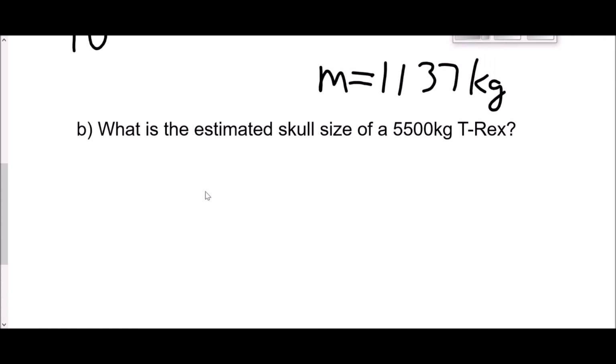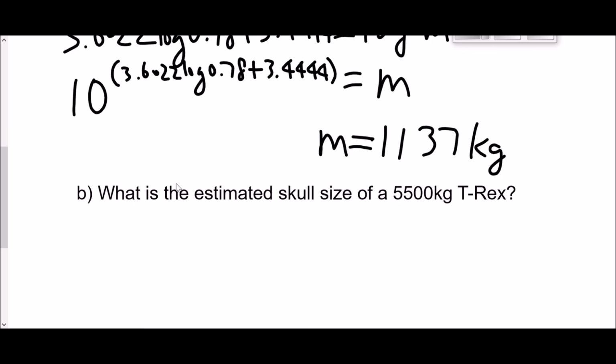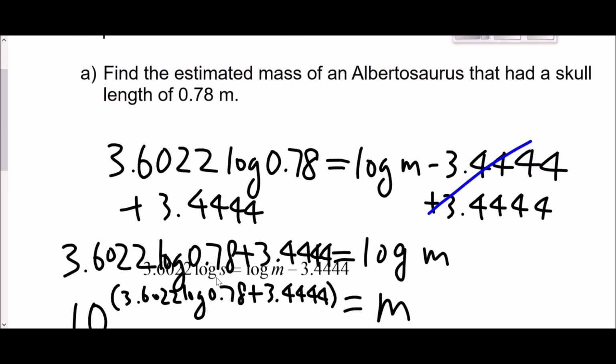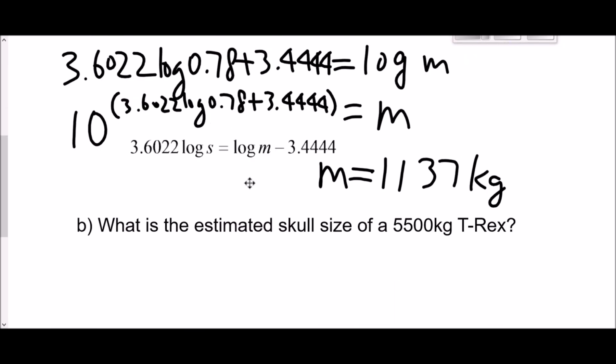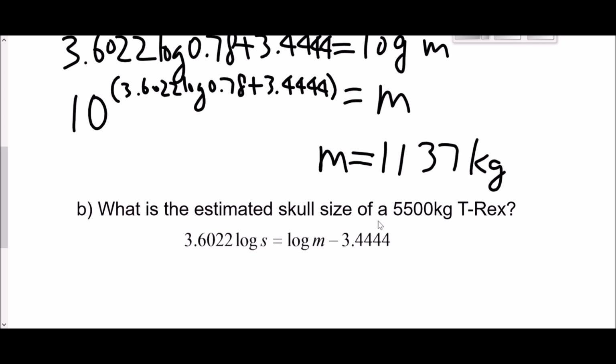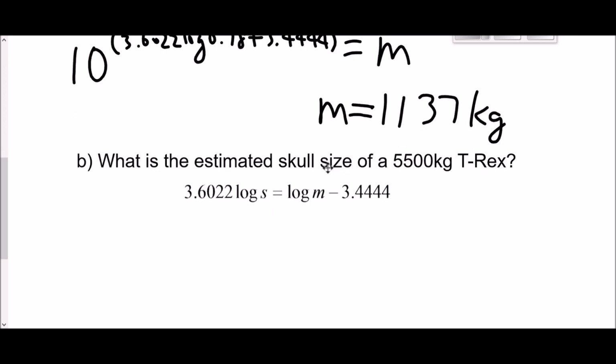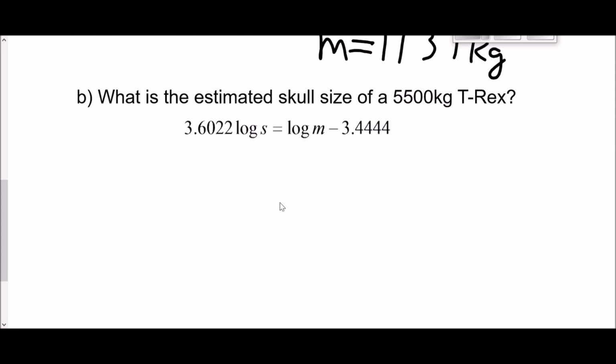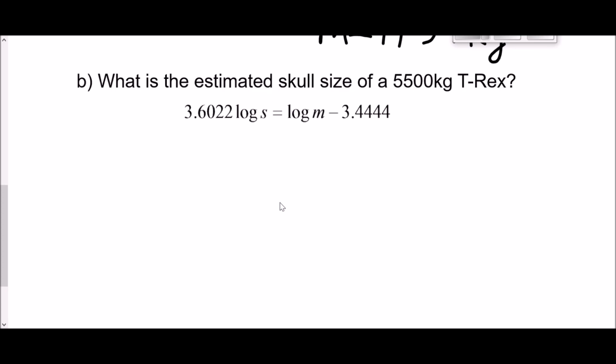Okay, last part, part B. What is the estimated skull size of a 5,500 kilogram T-Rex? So let me just bring this here. In this case, we know that the mass is M. So the only thing missing is the skull size S. So just plug the numbers in.